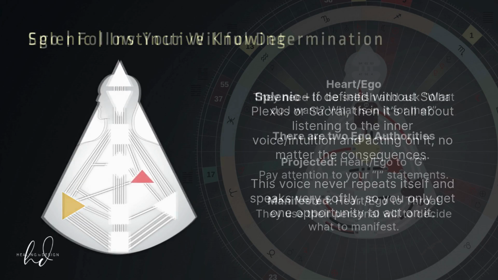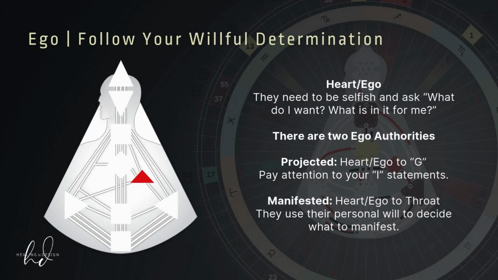life safely. Next, we have ego authority, and there are two types of ego authorities. With ego manifested authority, you need to pay attention to what you say in the moment to honor your spontaneous voice rather than premeditated thoughts. This spontaneous voice is essential to your well-being.